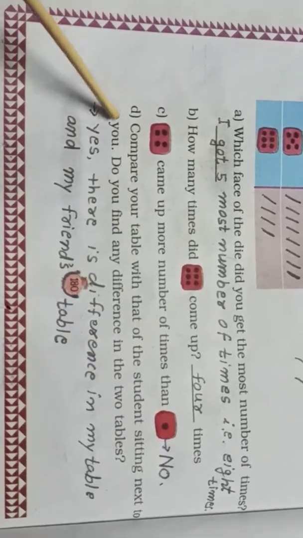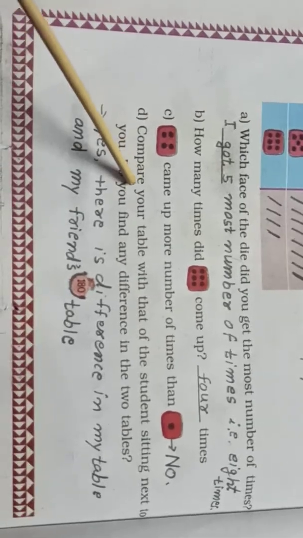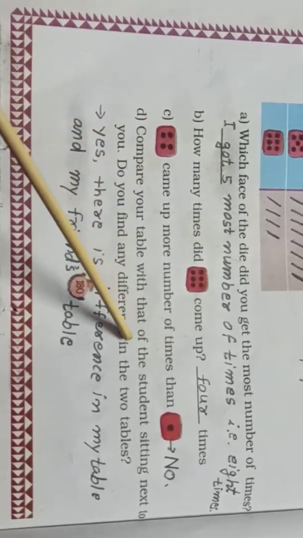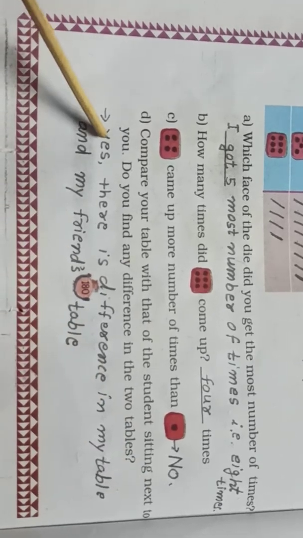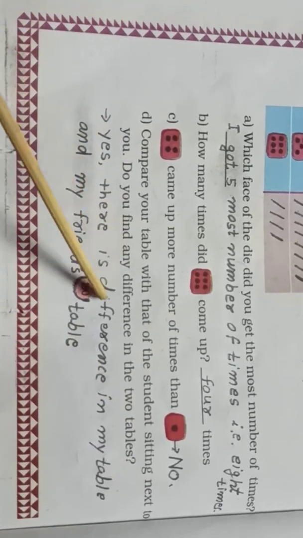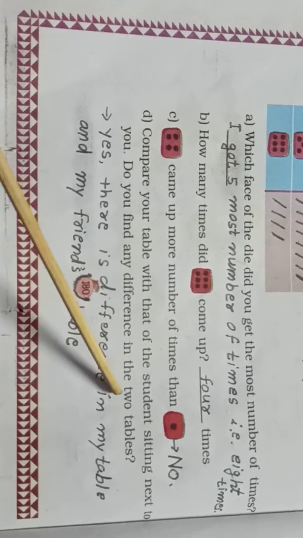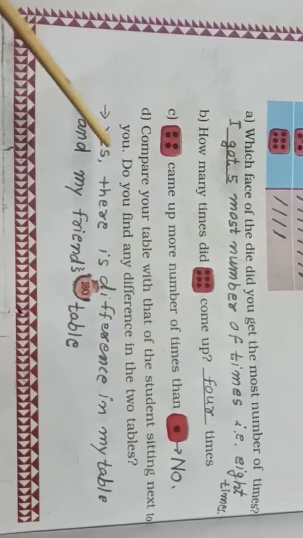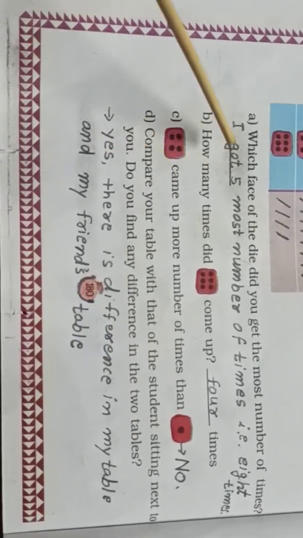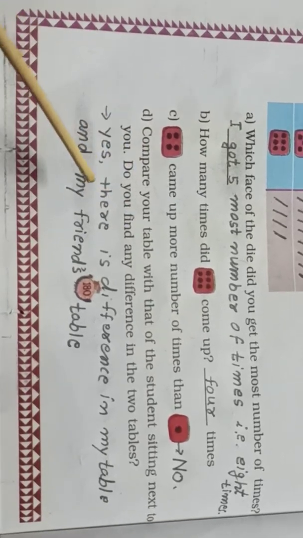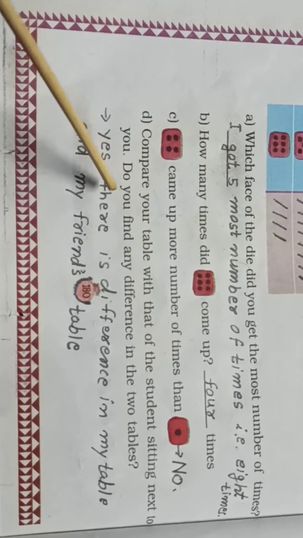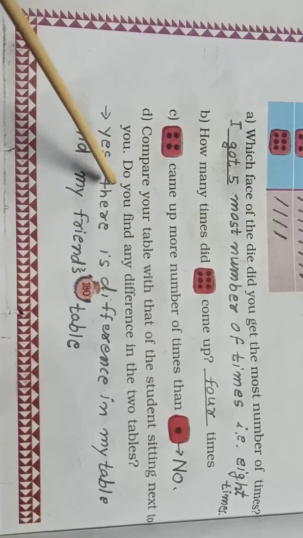Let's see question D. Compare your table with that of the student sitting next to you. Do you find any difference in the two tables? It means, suppose children, if you play this game and your friend plays this game, both will get a difference.